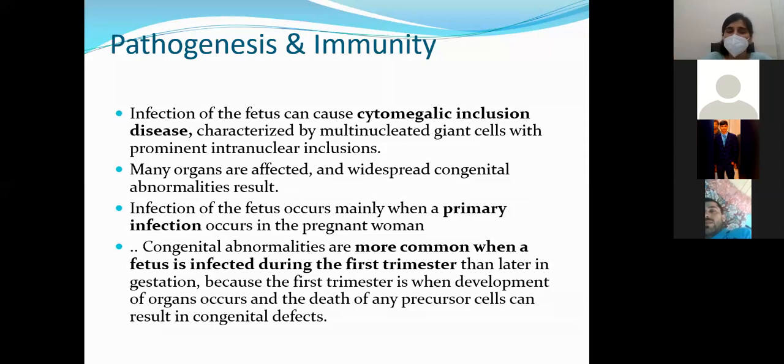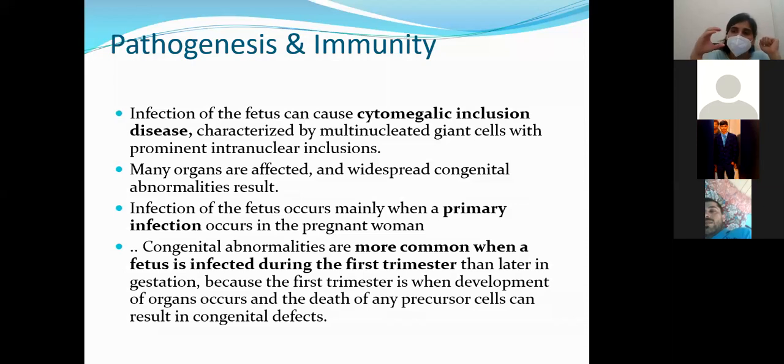Many organs are affected because of these intranuclear inclusions, and widespread congenital abnormalities result.